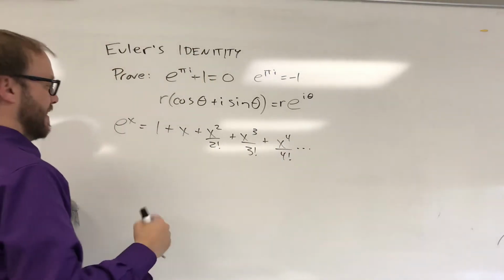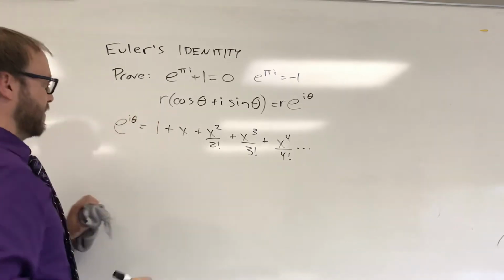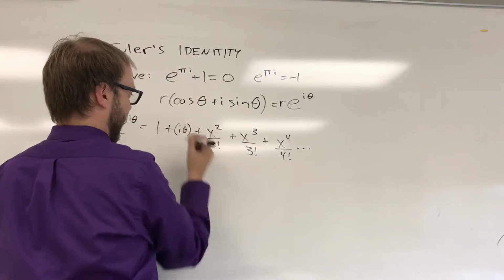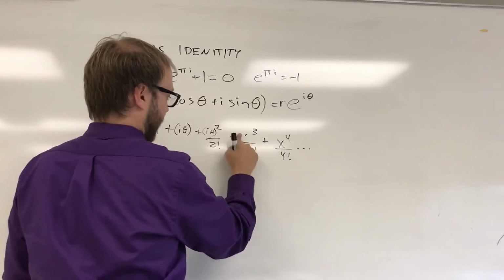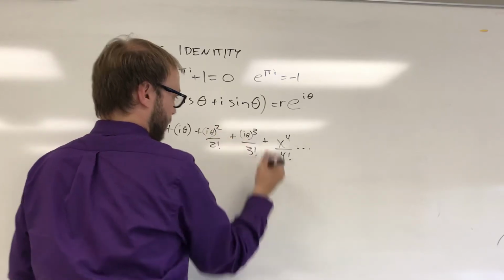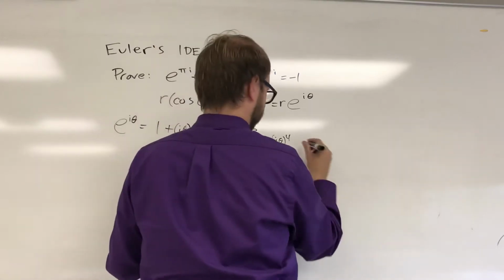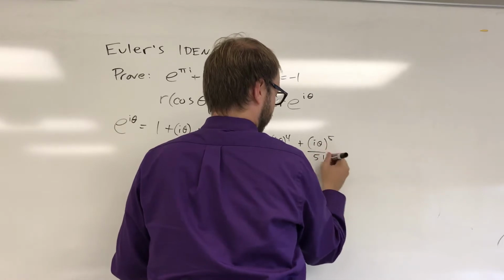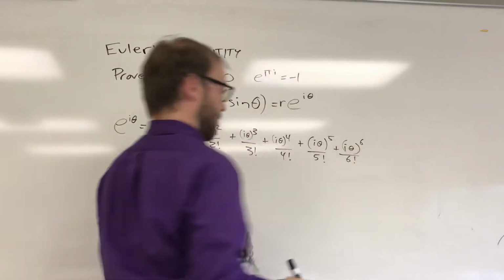If I wanted to write this as e to the i theta, I could just substitute an i theta in for each of these positions. So I've got an i theta, an i theta squared, an i theta cubed, an i theta to the 4th, an i theta to the 5th over 5 factorial, and i theta to the 6th over 6 factorial.